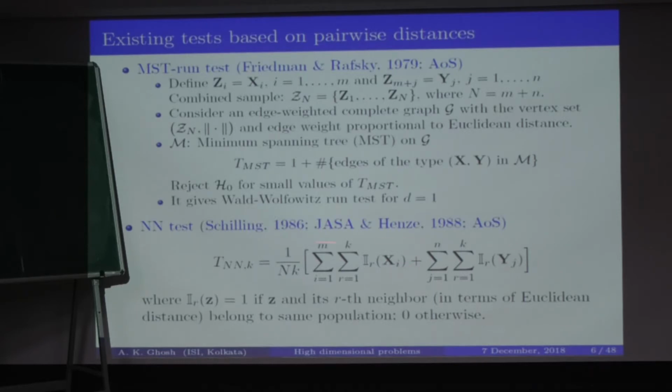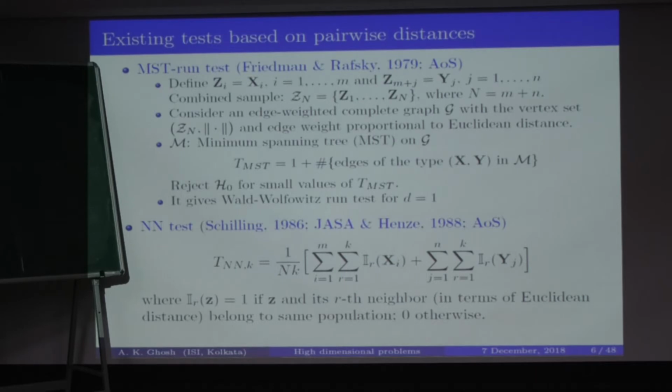So basically this gives the proportion of neighbors that you get from your own population. Okay? If the two distributions f and g are all mixed up, what do we expect? Almost half of the neighbors will come from my own population and half of the neighbors will come from g. So this statistic will take values close to half somewhere. But if the populations are well separated, what do we expect?